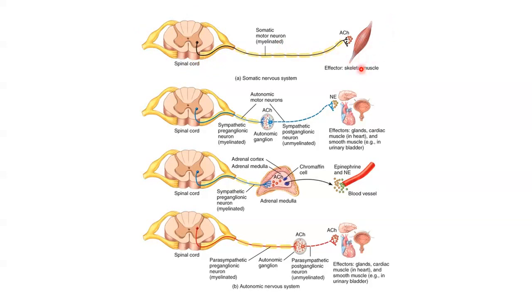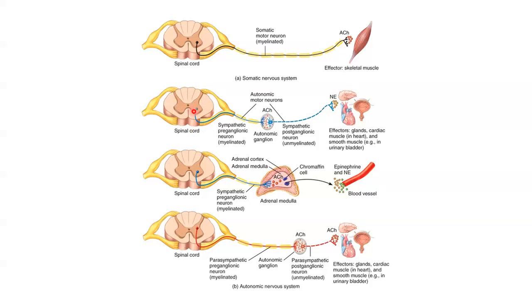In contrast, most of our autonomic neural pathways consist of two motor neurons. Say one here, one here. The first neuron in this pathway is called a preganglionic neuron, and it has its cell body somewhere within the central nervous system, so either up in the brainstem, up in the brain, or in the spinal cord.